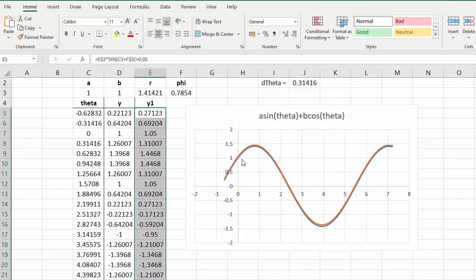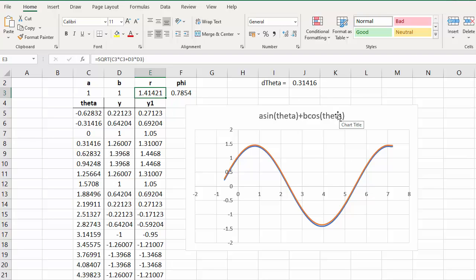So now you can see that the orange curve lies exactly on top of the blue curve, except I've lifted it up by 0.05. So what this is showing us is that the first column is a sine theta plus b cos theta added together. The second column is r sine(theta plus phi).